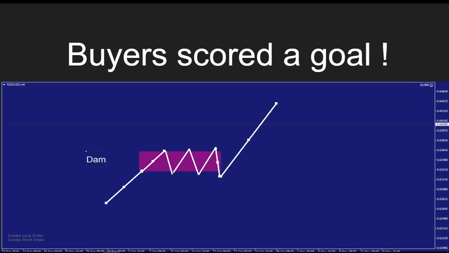It seems like buyers have scored a goal here. Woohoo! Now we know what's happening. We have a clear winner with a clear victory.